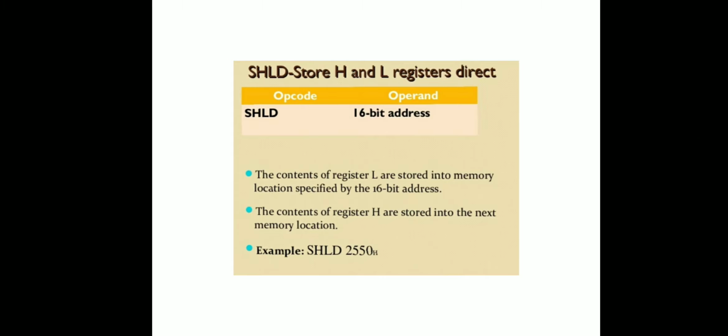SHLD, store HL register direct. This instruction contains a 16-bit address. The content of register L is stored to the memory location specified by the 16-bit address, and the content of H is stored to the next memory location.